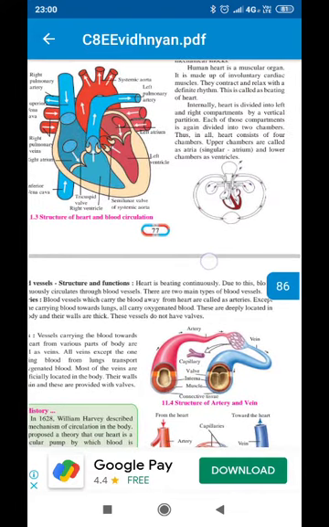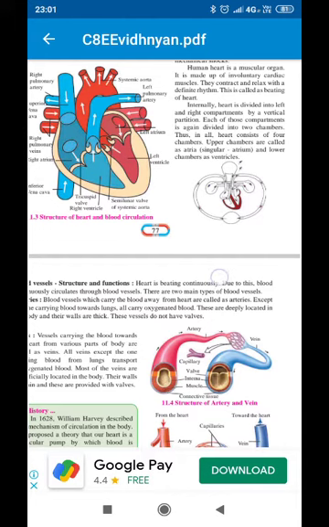Internally, the heart is divided into left and right compartments by a vertical partition. Each of these compartments is again divided into two chambers. Thus, in all, the heart consists of four chambers.